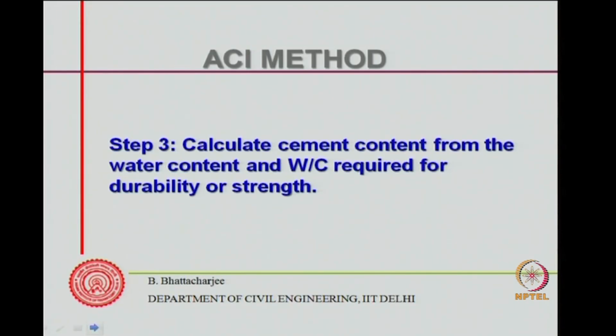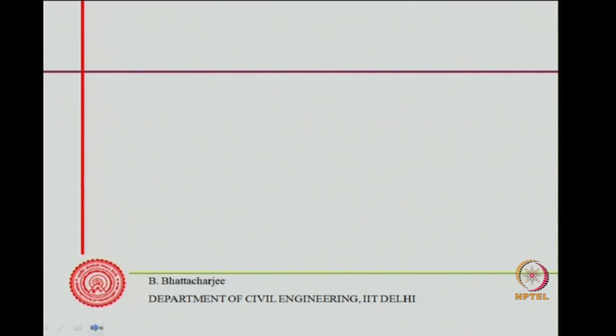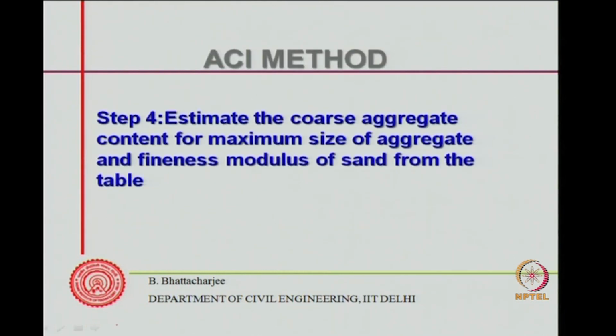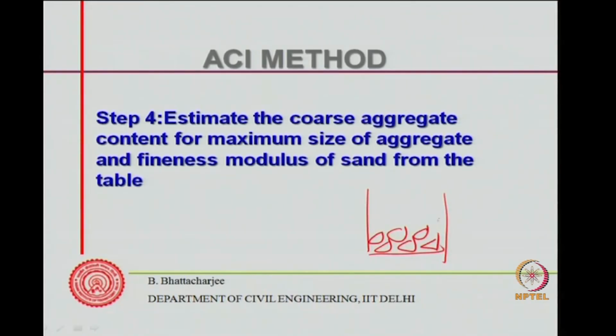Wet density is also similar, but here what is done is you find the dry rodded density of the aggregate. That means you pack the coarse aggregate in 3 layers and, because the volume of the container is known, find out how much the mass is.